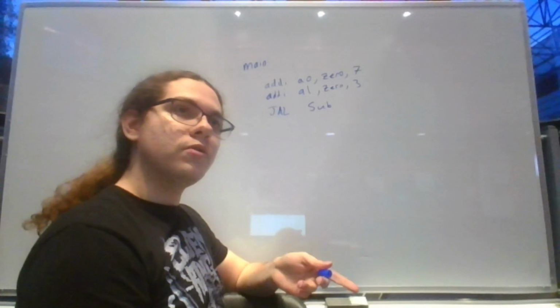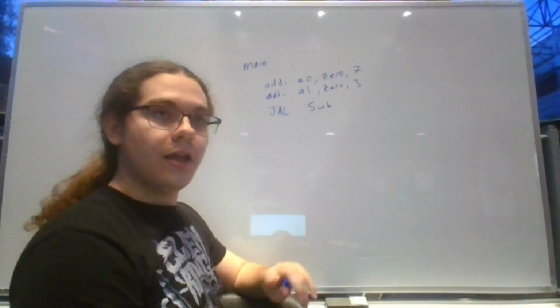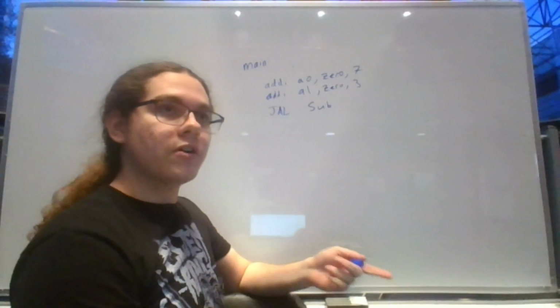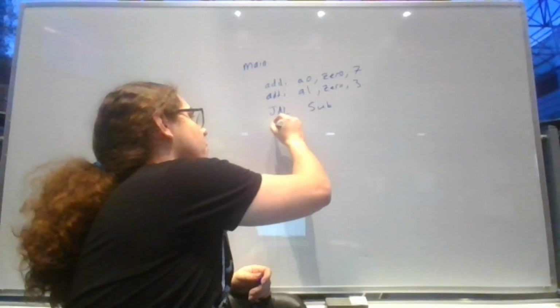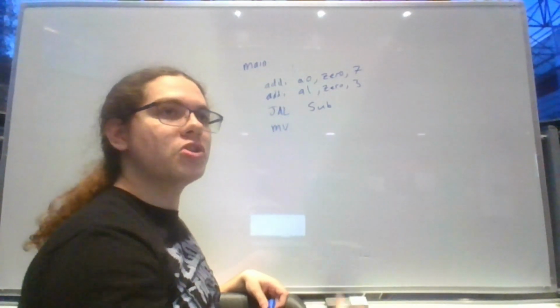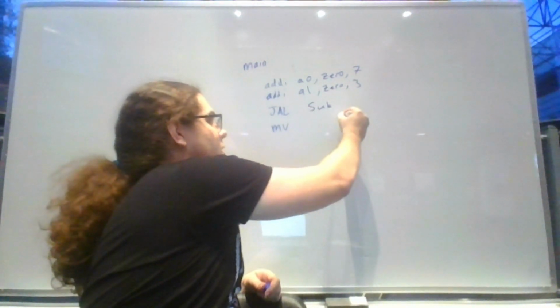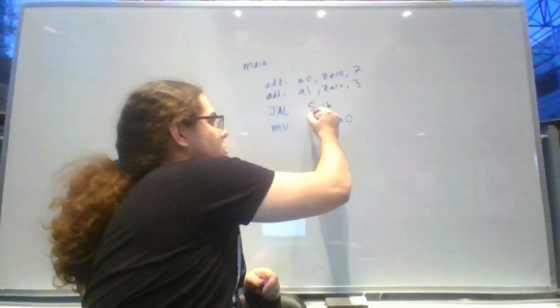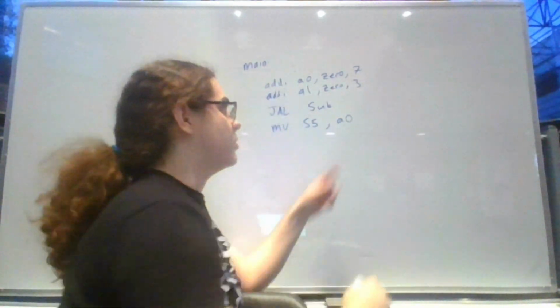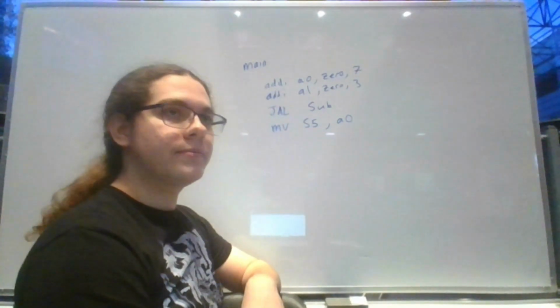I can do it with a pseudo instruction or with a regular instruction. I'm going to show you the pseudo instruction first, just so you know it. It's MV for move. It's just copying a register value into another register. So I'm going to copy A0 into S5.